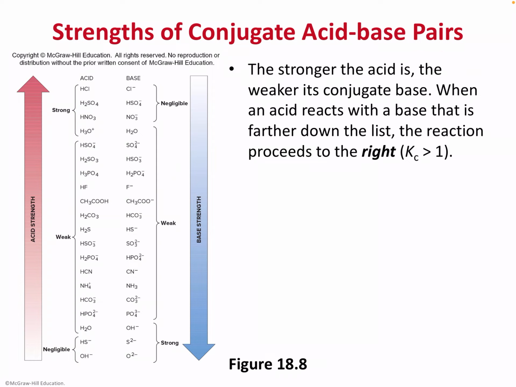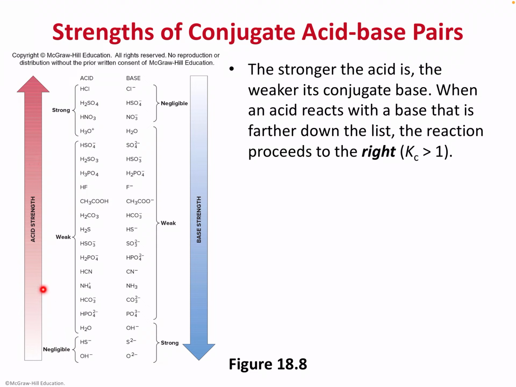So basically we have to look up the strength of the acids and the bases involved. We can do that by looking at a few examples. So these are the acids. When one reacts with a base somewhere here, that proceeds to the right. Because if you see here, this is the acid strength.